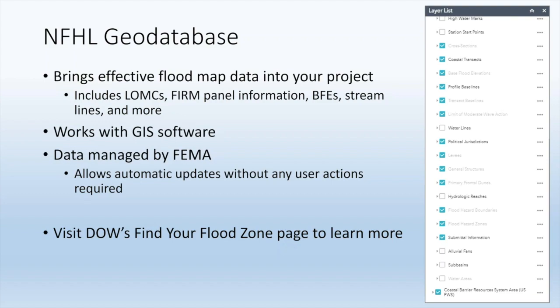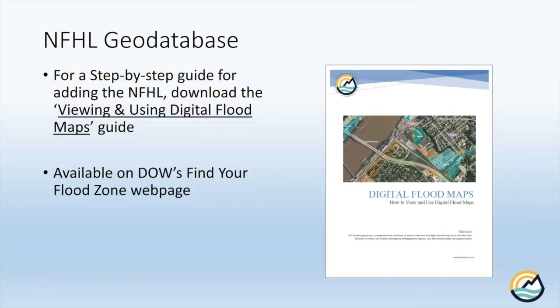You can actually go to the Division of Water's Find Your Flood Zone page to learn more. There's a little bit of a write-up there for you. In addition to that, we put together a viewing and using digital flood maps guide that is also available on that Find Your Flood Zone webpage. You can go there and download the guide, and there's a step-by-step process for how to add the National Flood Hazard Layer into your ArcMap program.